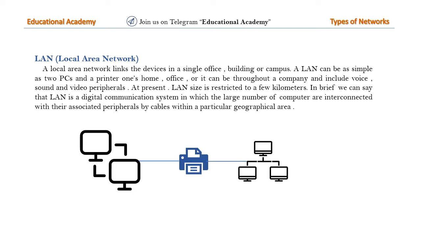In brief, we can say that a LAN is a digital communication system in which a large number of computers are interconnected with their associated peripherals by cable within a particular geographical area.